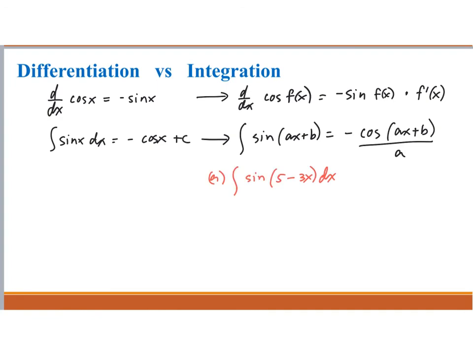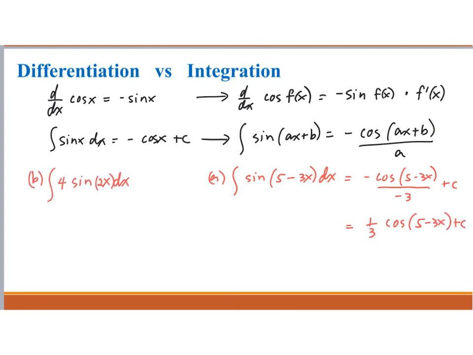So if we get the integral of sine 5 minus 3x, it will just be negative cosine 5 minus 3x over negative 3, which is the derivative of 5 minus 3x, plus c, or write this down as positive 1/3 cosine 5 minus 3x plus c.